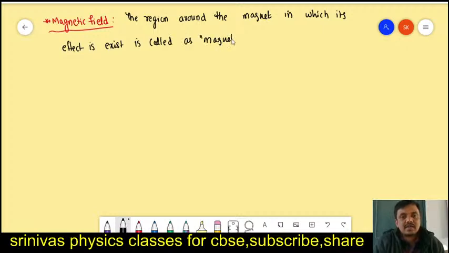The magnetic field is the region around the magnet. In that region, the magnet's effect exists. Those basic properties of the magnet I am going to explain.